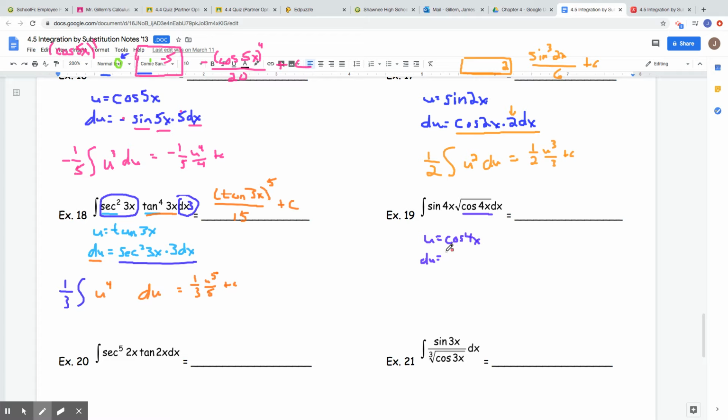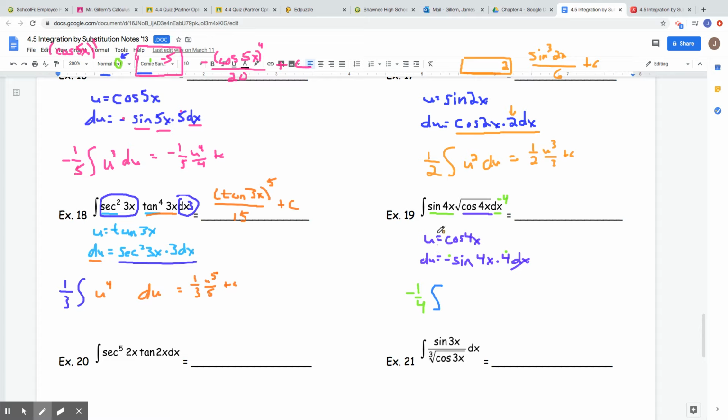So the derivative of cosine is negative sine. Keep the inside the same, times the derivative of the inside, which is 4, and that's dx. So we need all of du. There's sine 4x. There's our dx. What are we missing? A 4 and a negative. So I need a negative 4, which means I need a negative 1/4 on the outside.